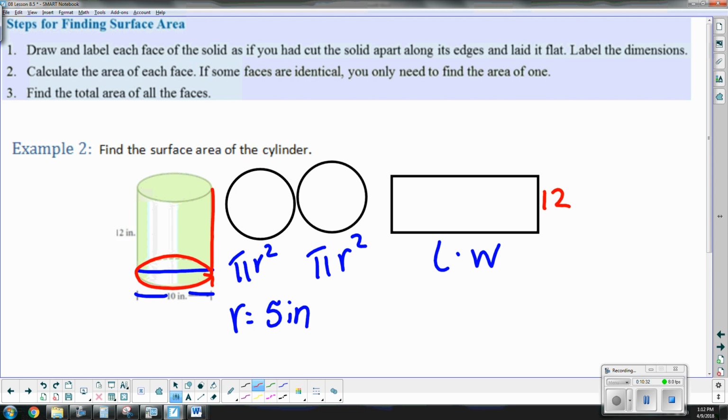So how do we find that distance around the circle? The length is the circumference, which is 2 pi r, or pi times diameter.